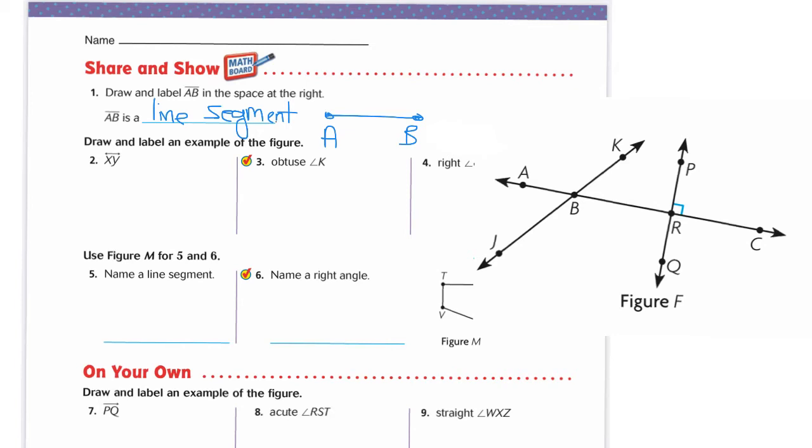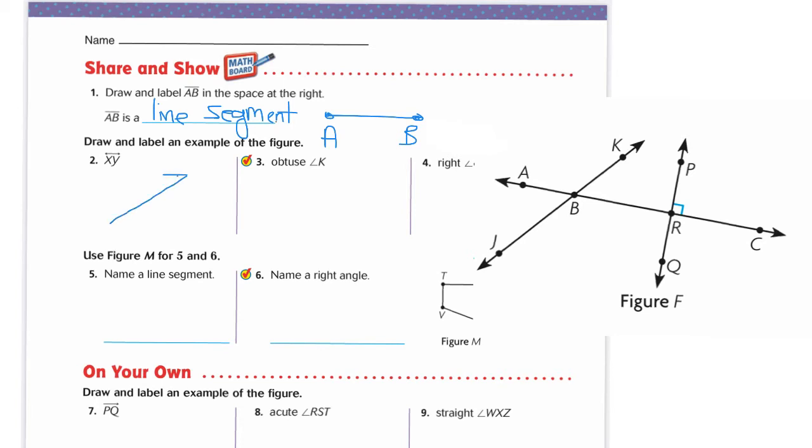So line segment AB. Number 2, draw and label an example of each figure. This is a lot like your homework tomorrow or your workbook page tomorrow. So if you get stuck tomorrow, come back and rewatch this section of the video so you have a better understanding. So we have line XY.